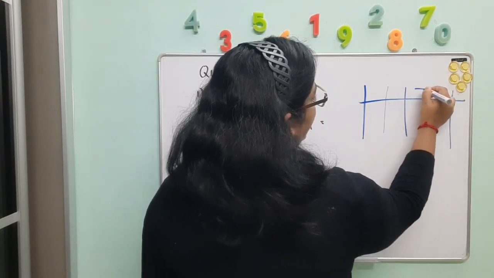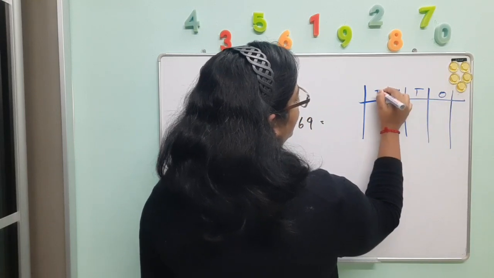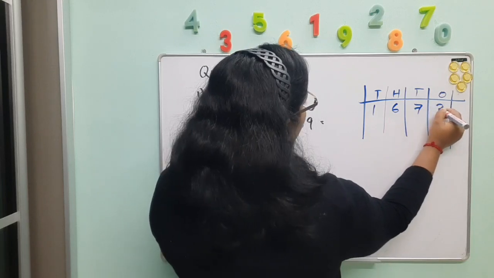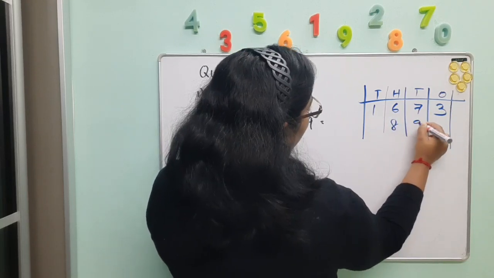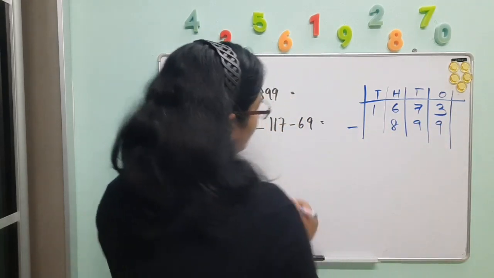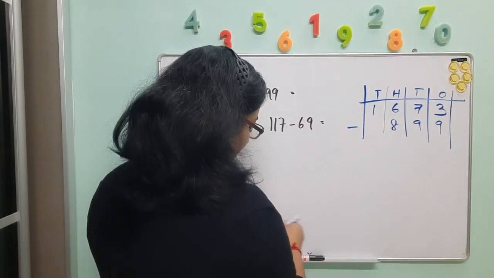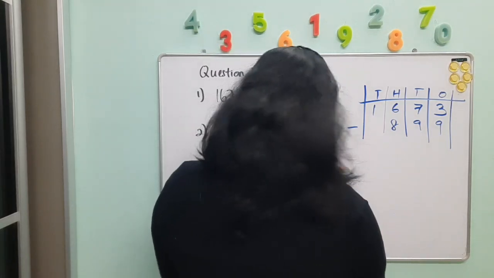So ones, tens, 100 and 1,000. So place them in vertical version and we're going to solve now.